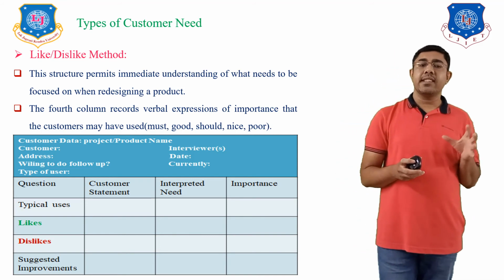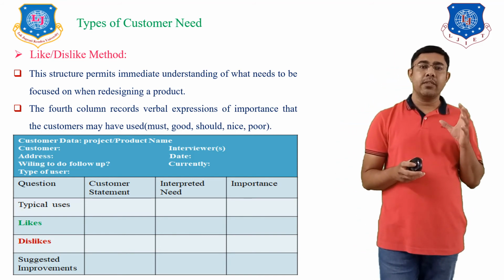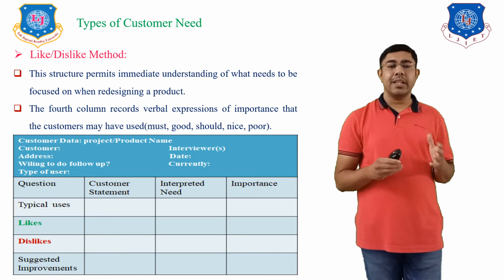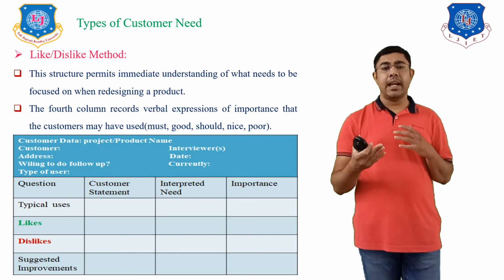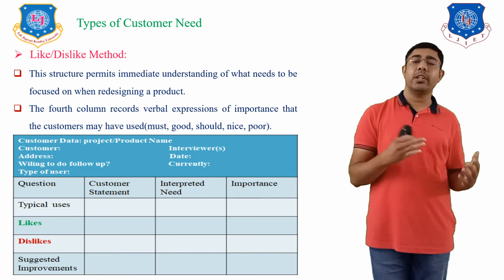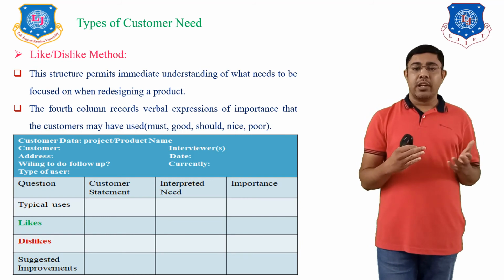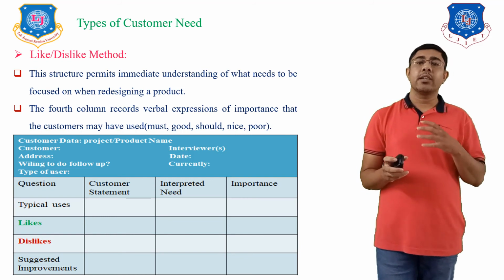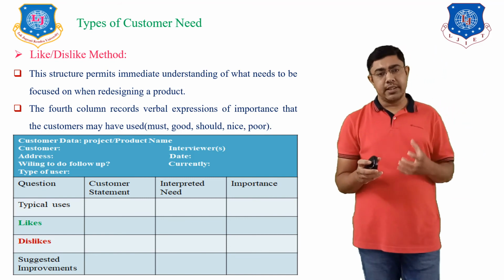So this is the simplest method of interviews, the like-dislike method. In this method, we identify what customers like and do not like in our products. This is the simplest method to collect customers' needs data during the interviews.